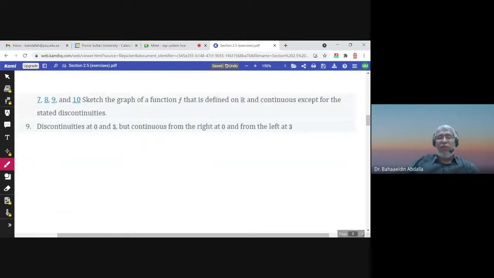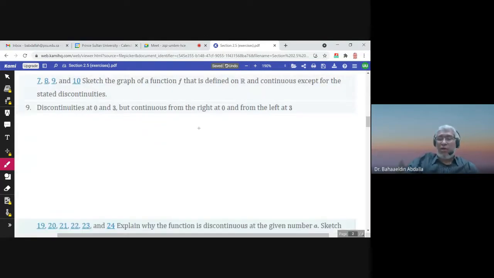Sketch the graph of a function f that's defined on R. So the domain is all real numbers and continuous, except for the stated discontinuity. Discontinuities at 0 and 3. So the function is not continuous at x equals 0.